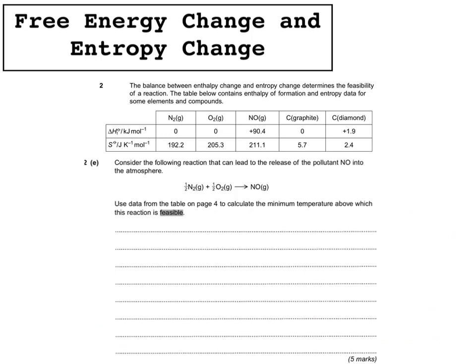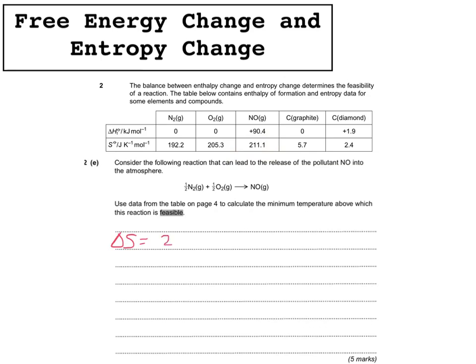So we can use the data here in order to work out when this reaction becomes feasible. So it says use data from the table on page 4, that's the data here, to calculate the minimum temperature above which this reaction is feasible. So the first thing to do is to work out the entropy change. The delta S equals delta S of products take away delta S of reactants. So NO is 211.1.